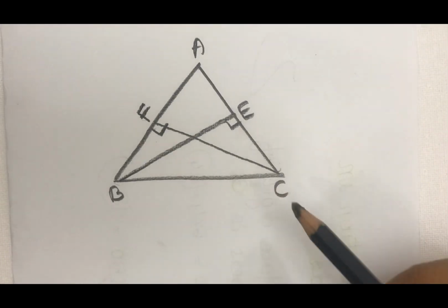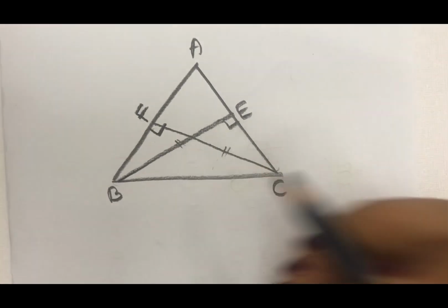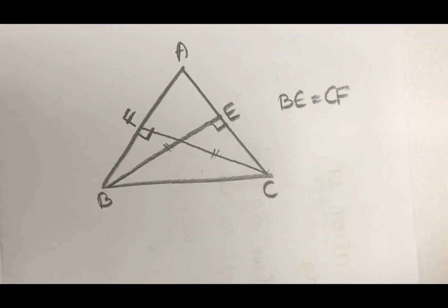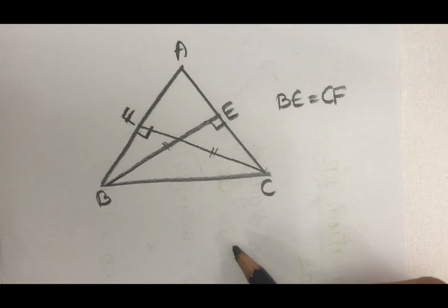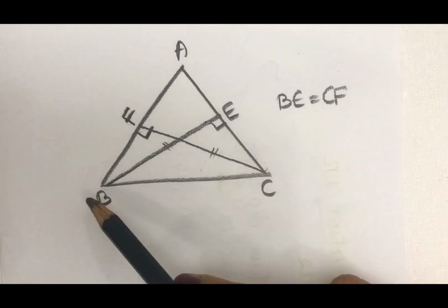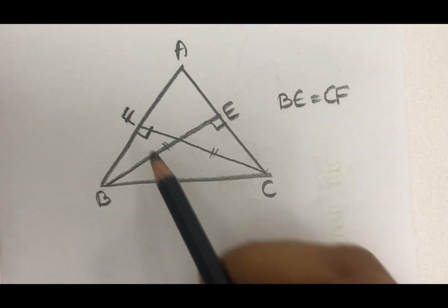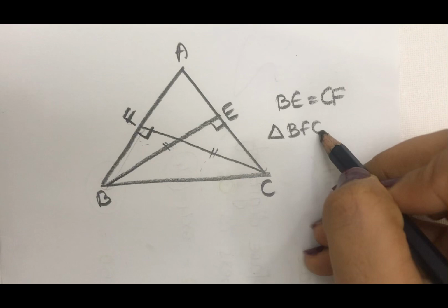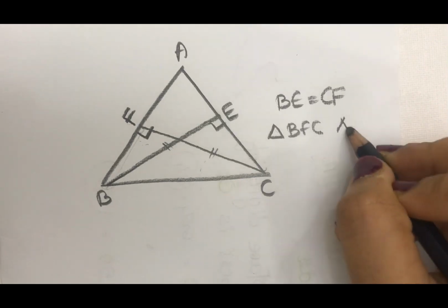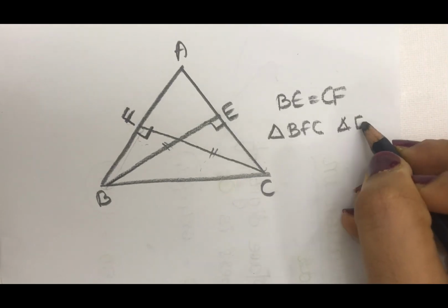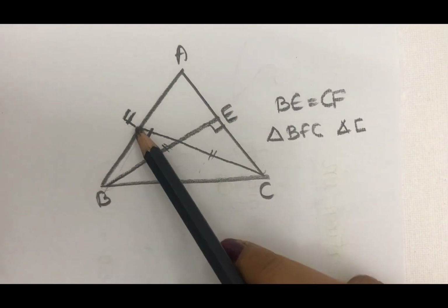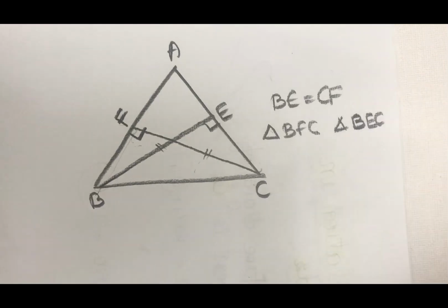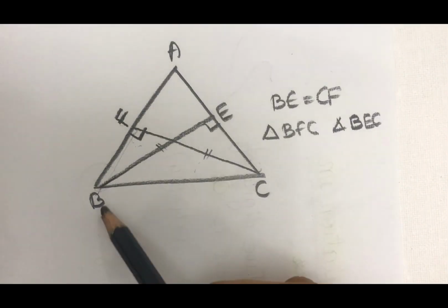BE is equal to CF, given. Now let's take triangle BFC and triangle BEC.